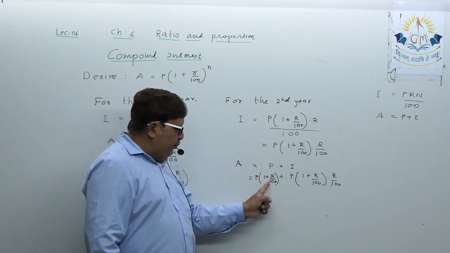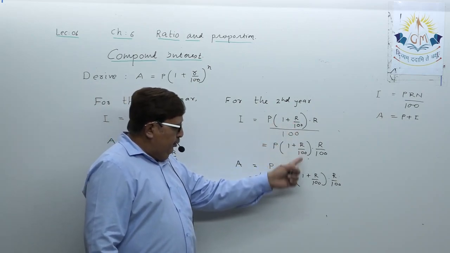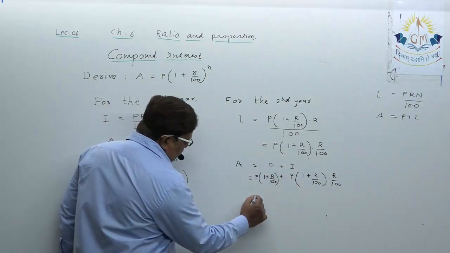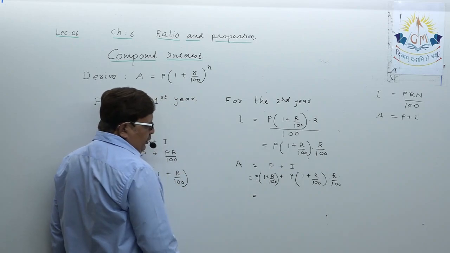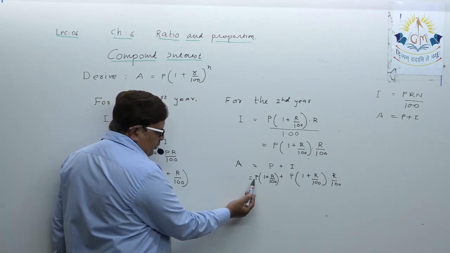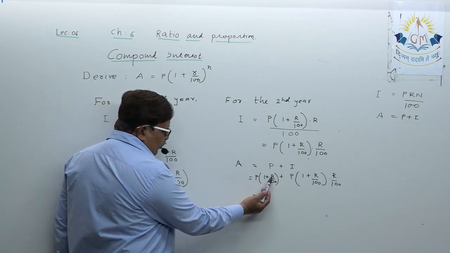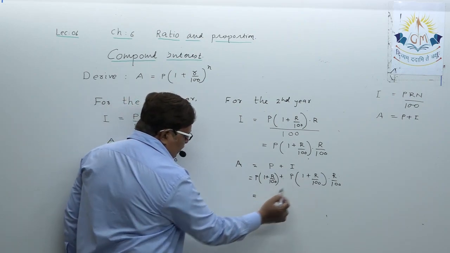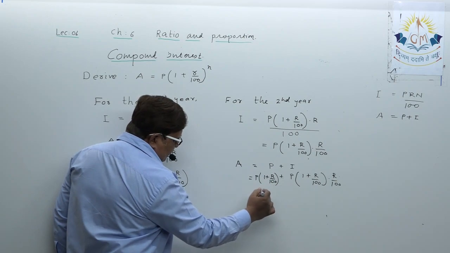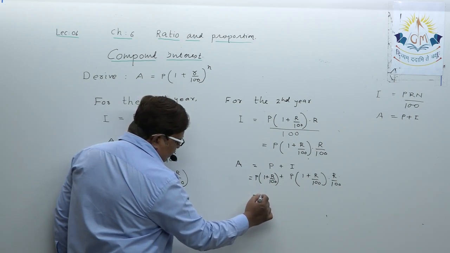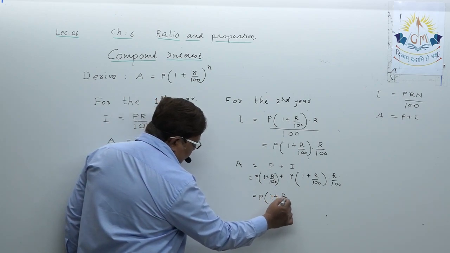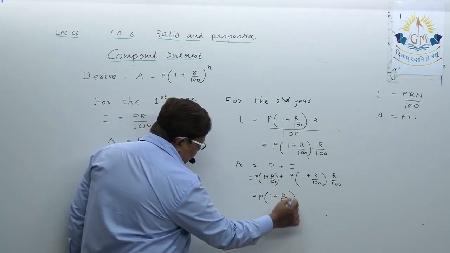New principal, new interest. Do you know what can be taken out as common? P into 1 plus R upon 100. Here plus sign, P into 1 plus R upon 100. Let us take it out as common. P into 1 plus R upon 100.